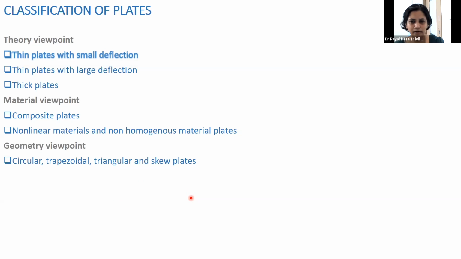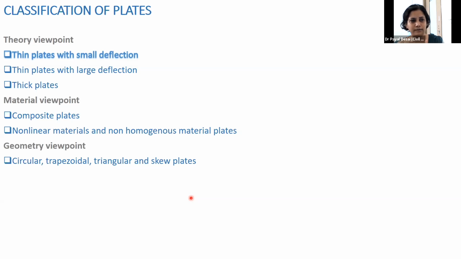He is the same person who also contributed to the development of the plate theory. So I will not talk about the historical part, but there are categories of plates based on the dimensions, that is, the geometry. Now there is a technical difference in categorizing these plates that we will see afterwards, why you are calling these thin plate and thick plate.